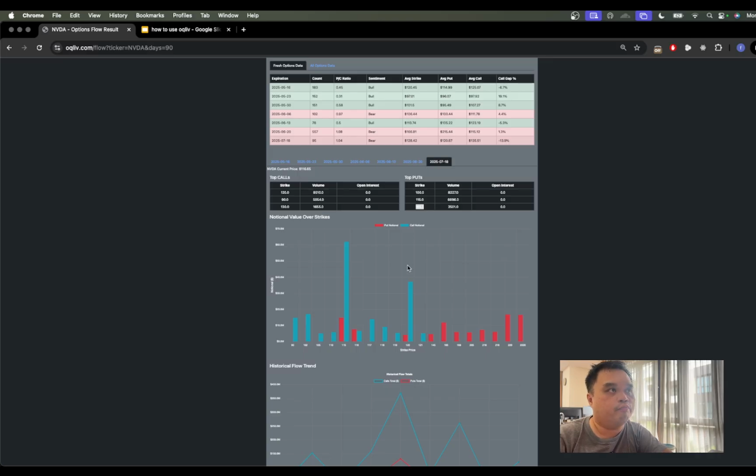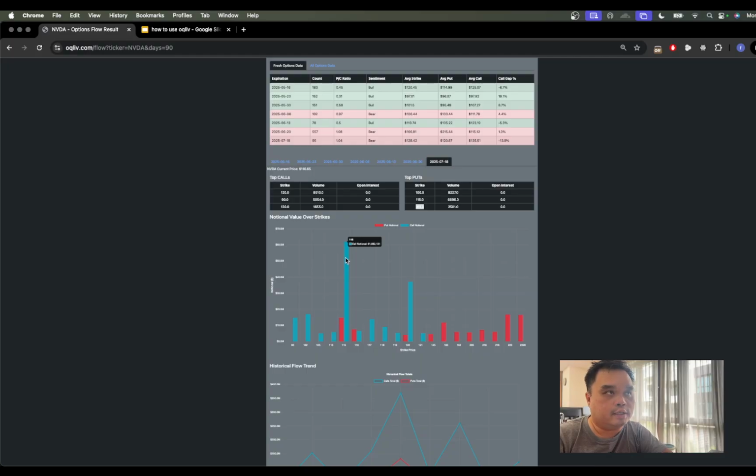It may be speculative and it doesn't really matter for now, but you have to keep this in mind. The next table you have to worry about is this chart. Here we can see the notional value. Remember, notional value is how much money is put into the options trade.